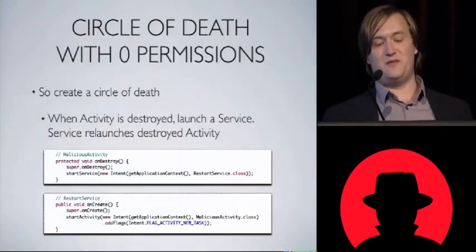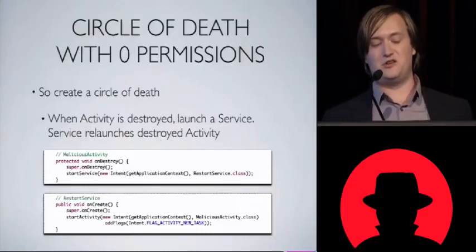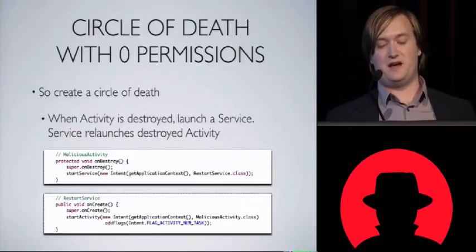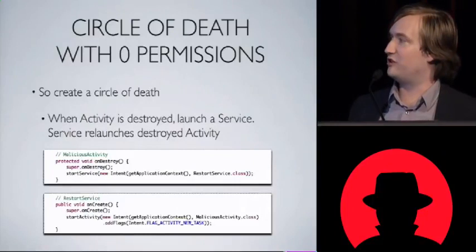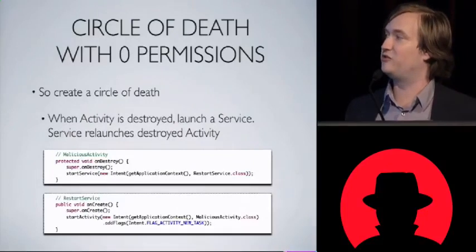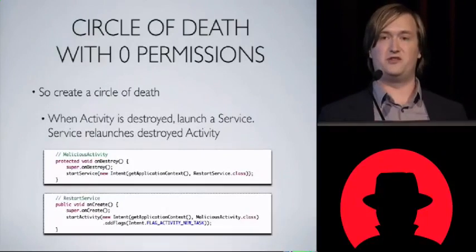So when the activity is destroyed, all you have to do is launch a service. And so here we launch a restart service in our malicious activity when it's destroyed. And all that service does is relaunch the original activity.